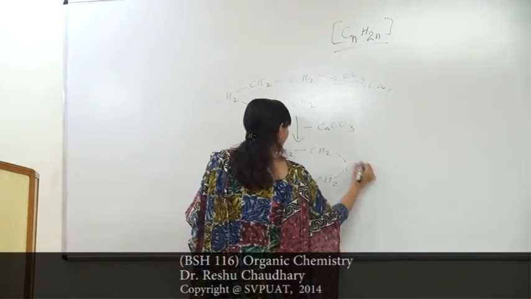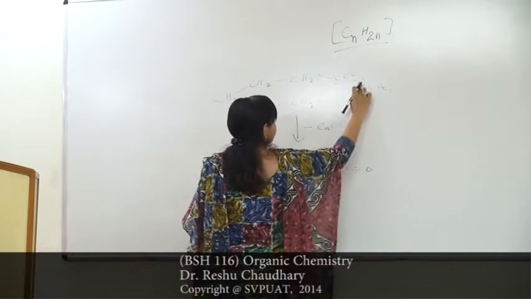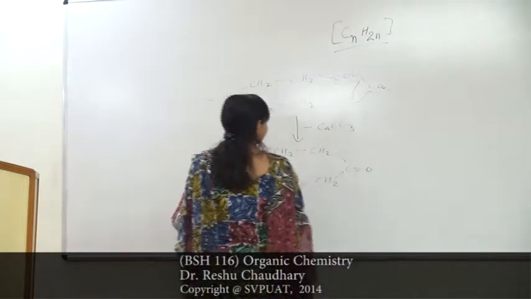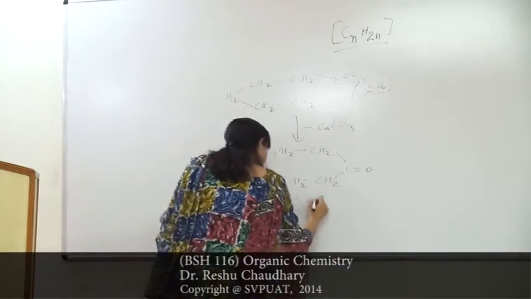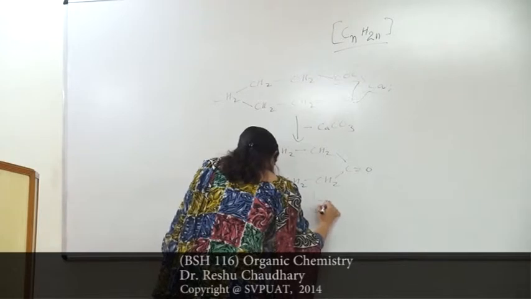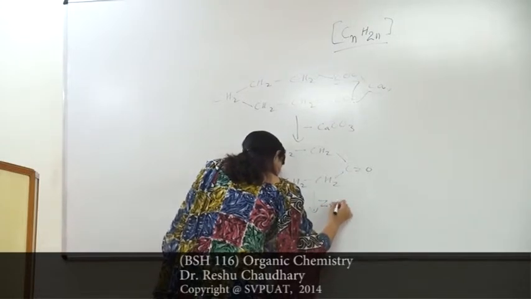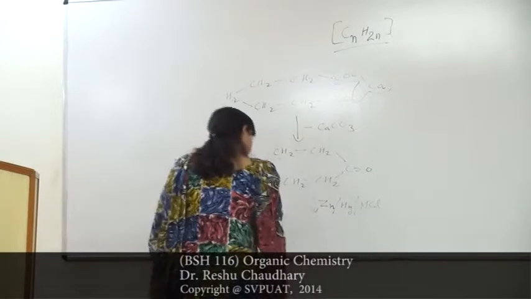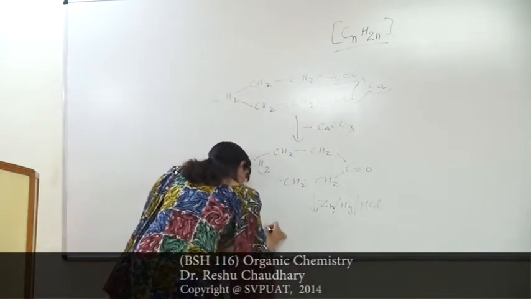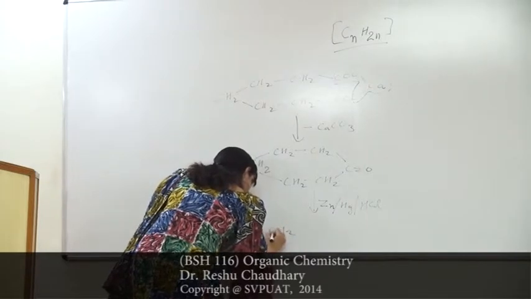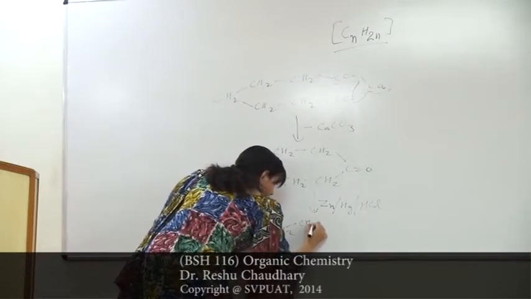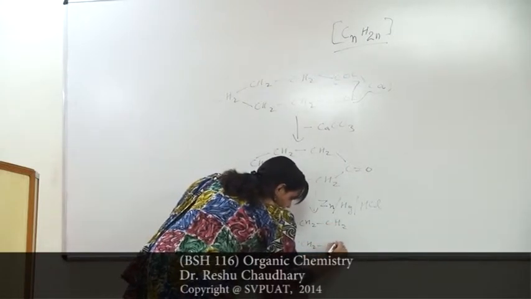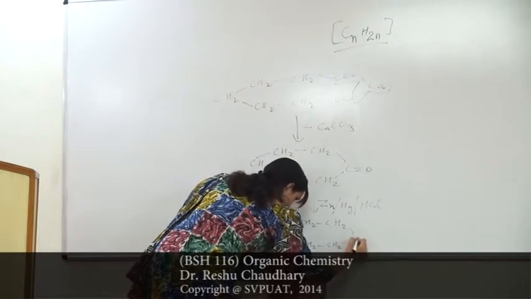the ketone with C double bond O, here this oxygen also. Now when treated with zinc amalgam and hydrochloric acid, we get the cycloalkane.